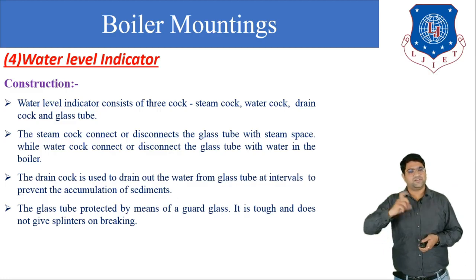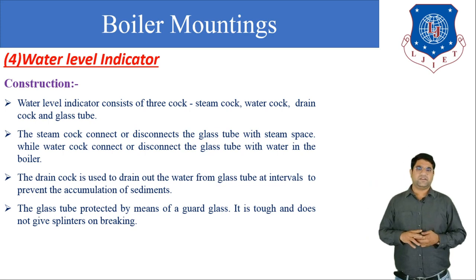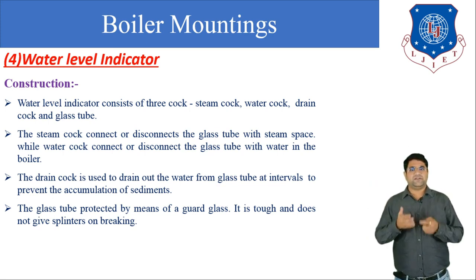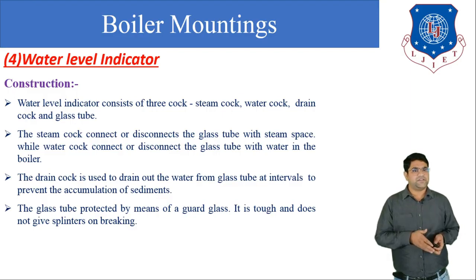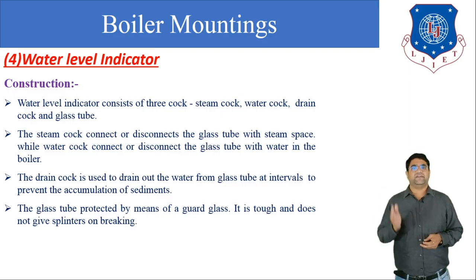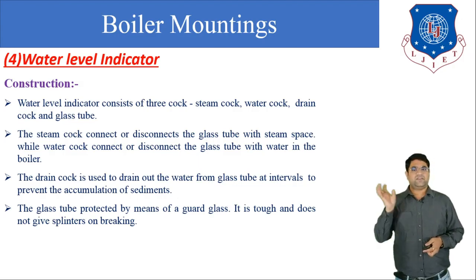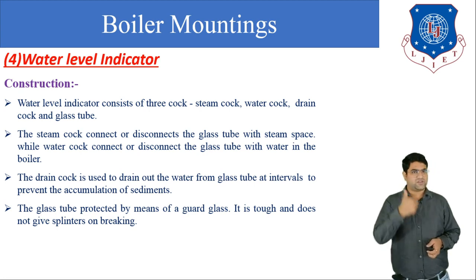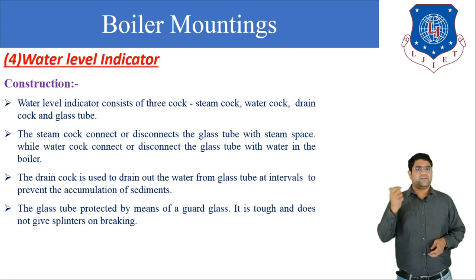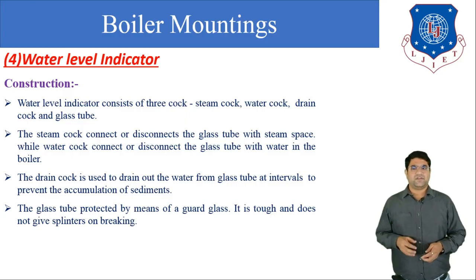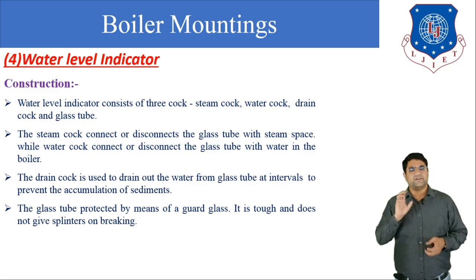Whenever we want to replace the tube we can use this drain cock. Next, the steam cock connects or disconnects the glass tube with the steam space, and the water cock connects or disconnects the glass tube with the water space. We know that this glass tube is protected by the guard glasses, so the glass cannot break. Generally this is toughened glass, and it cannot break by applying a certain load.